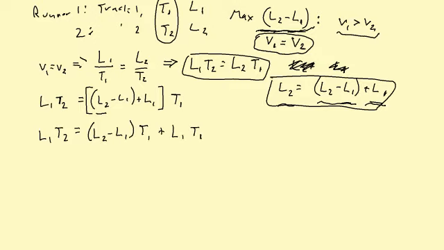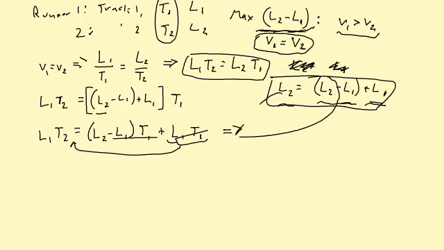Okay, well, now things are starting to look interesting. So if we take this term here and bring this over to this side, what we get is L1 times T2 minus T1. So that's just this term here minus this term. And that equals L2 minus L1 times T1.